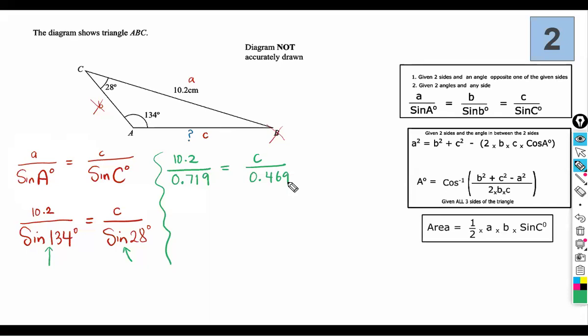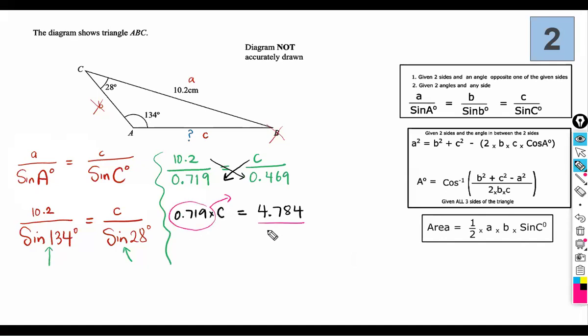Let's cross multiply. Here you get 0.719 multiplied by c, can't really do much there, and 10.2 multiplied by 0.469. I am getting 4.784 if I go to 3 decimal places.